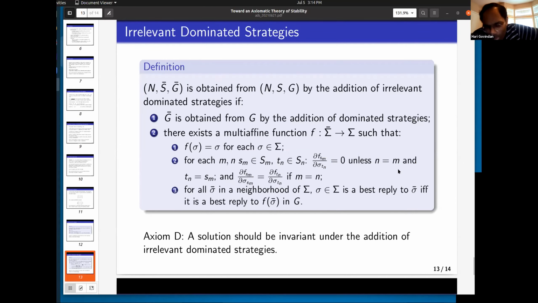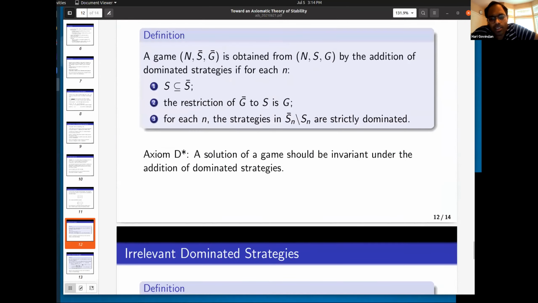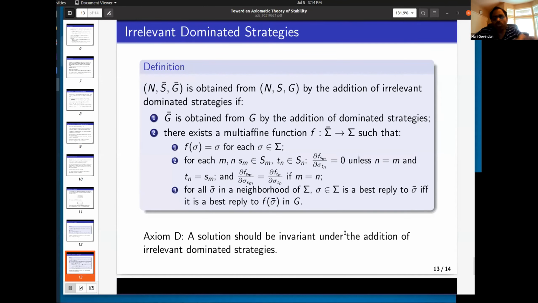This, by the way, introduces some correlation in the way things are brought in, but not in a way to distort equilibria or anything like that. So axiom D star is any undominated strategy should be fine. Axiom D is these kinds of undominated strategy are fine. This, for instance, preserves perfect equilibria, undominated equilibria, and so on.